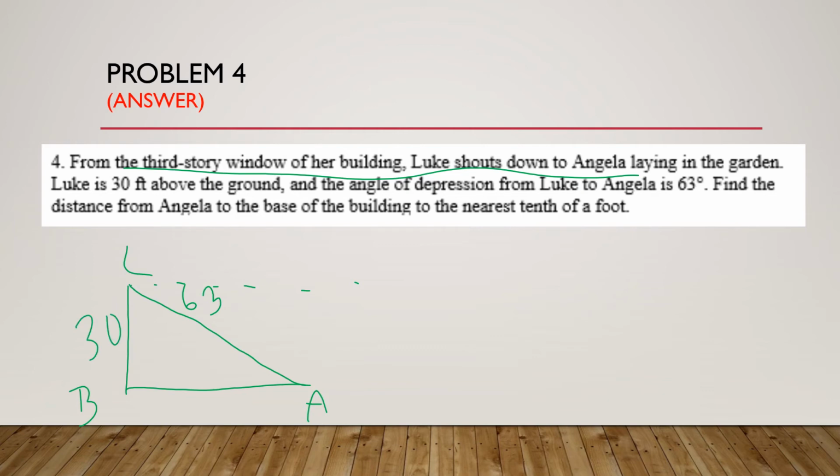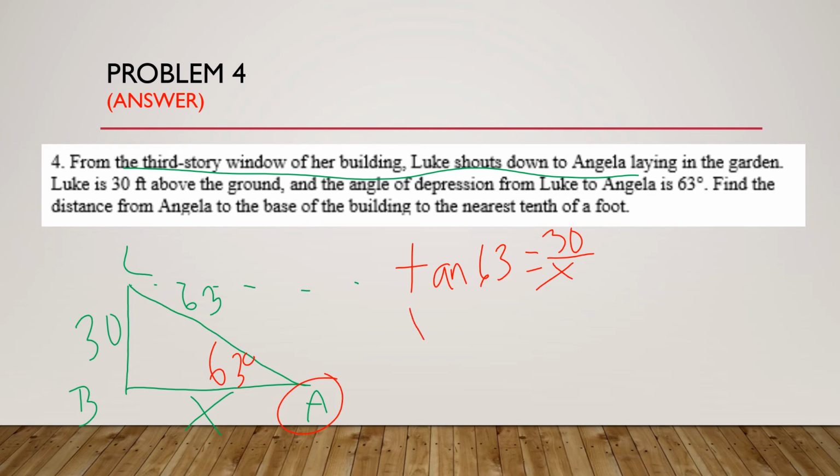So if we want to find Angela to the base of the building, we know that if his angle of depression is 63, her angle of elevation would be 63 degrees. We could use our trig functions. If we're looking at Angela, if we use tangent, the tangent of 63 is equal to opposite, which is 30, over adjacent, which is x.